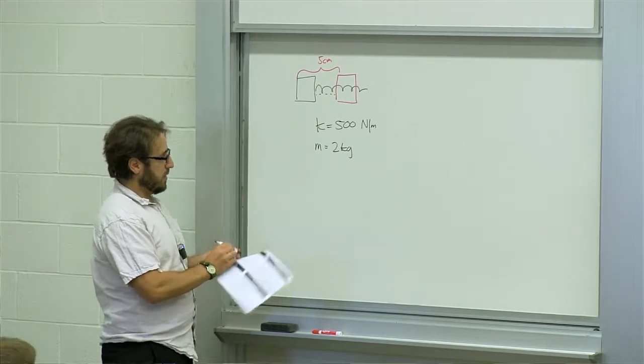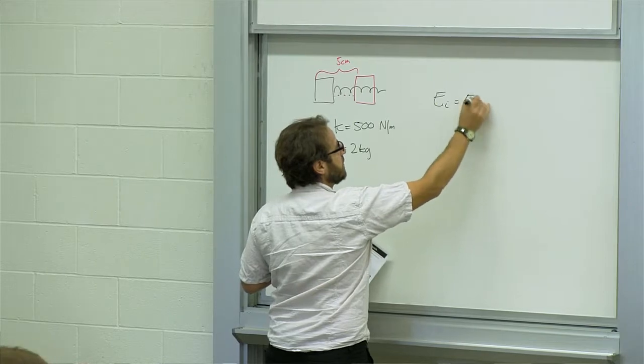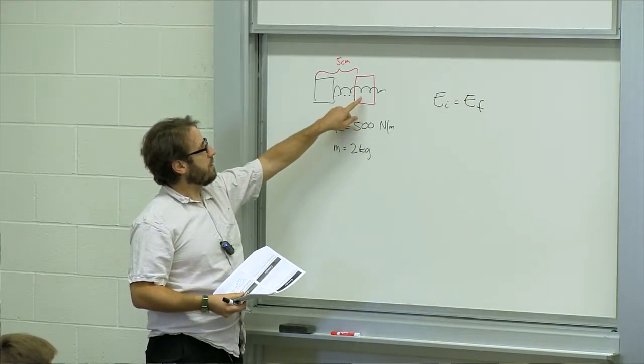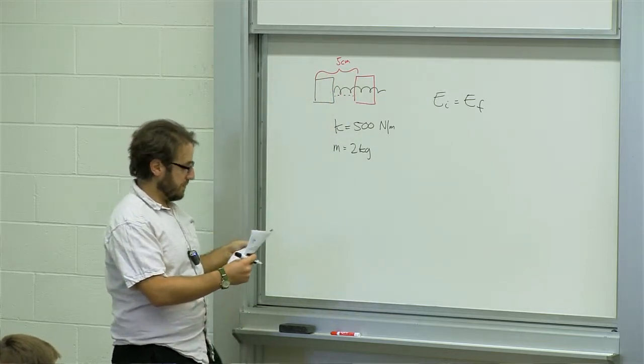All right, so you can start from E initial equals E final, where the initial state is having it be compressed, and the final state is it's back to equilibrium.